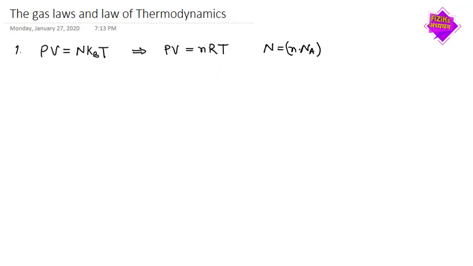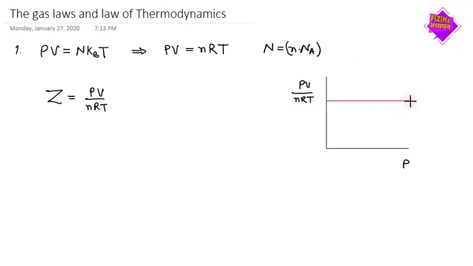If the gas is not ideal, then we have a diagram of PV by nRT versus pressure, and from this diagram we will calculate a factor called Z. So Z is PV by nRT. For an ideal gas this factor is 1, so for an ideal gas you would expect a constant response. For real gases this response is not linear.